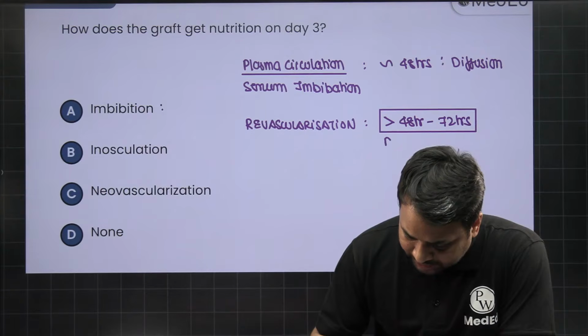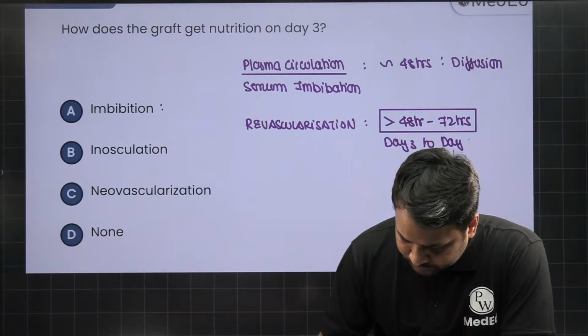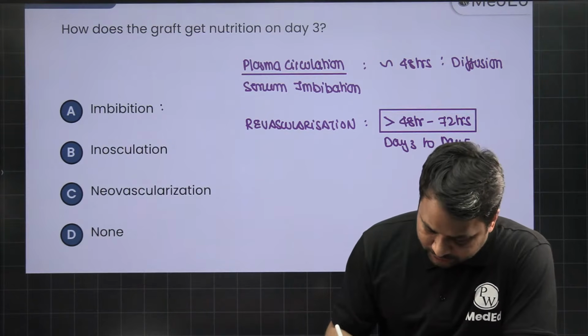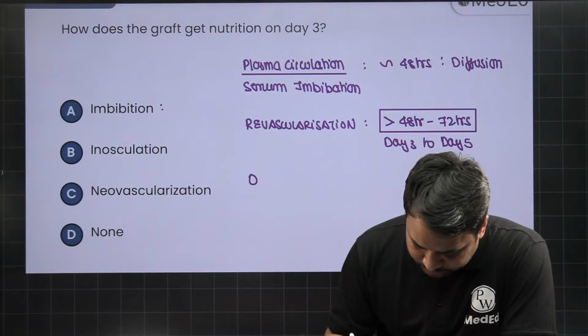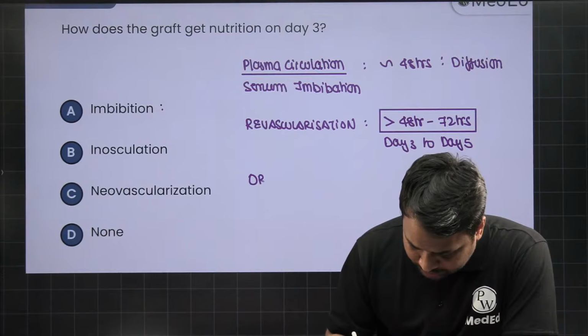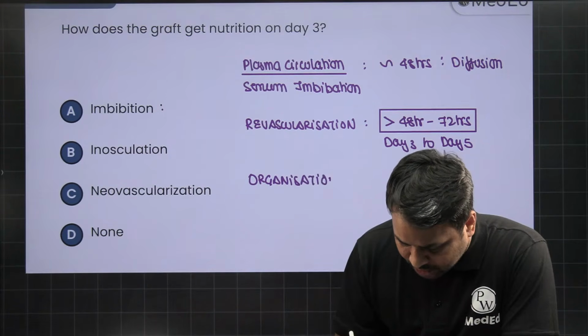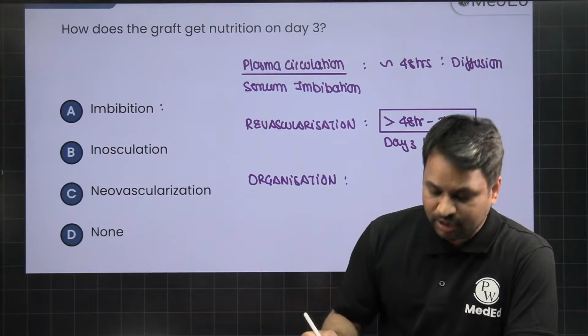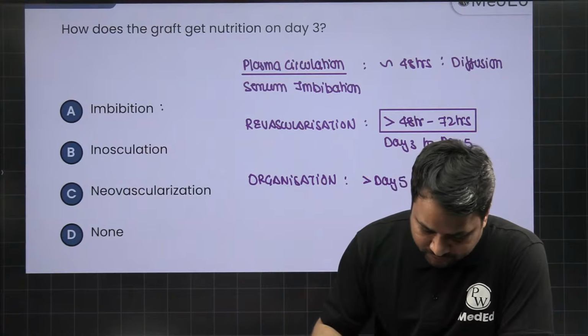So from day 3 to day 5 is the phase of revascularization. And the last one is what we call organization, where it establishes arterial, venous, and lymphatic drainage. This occurs after day 5.